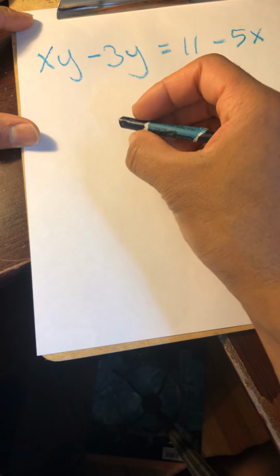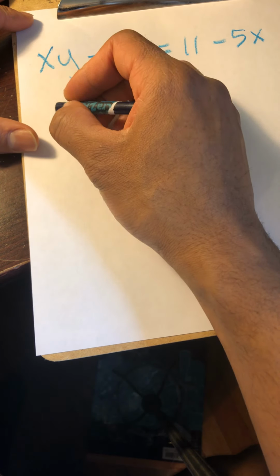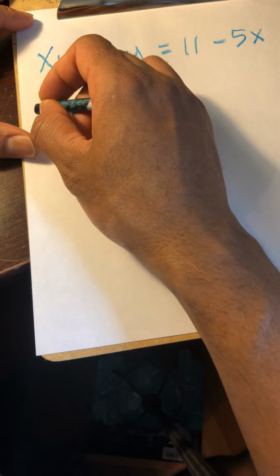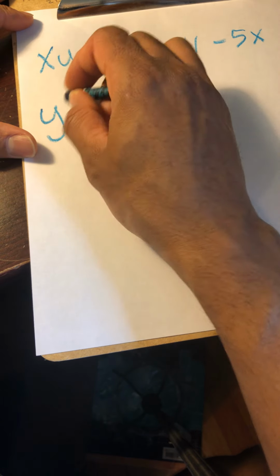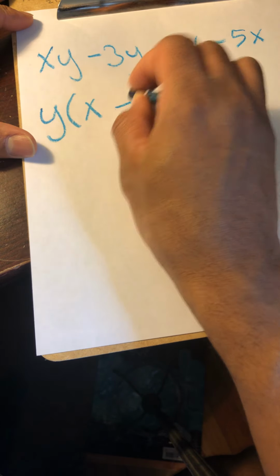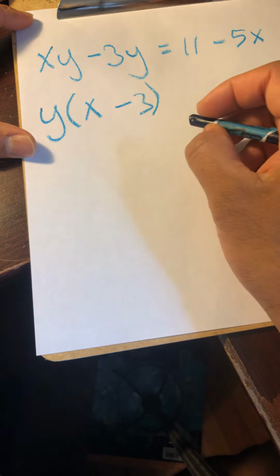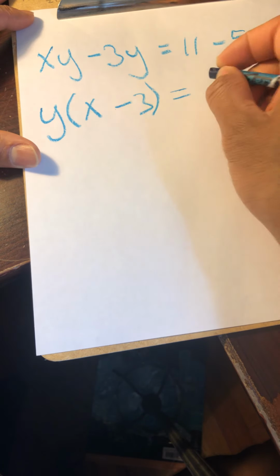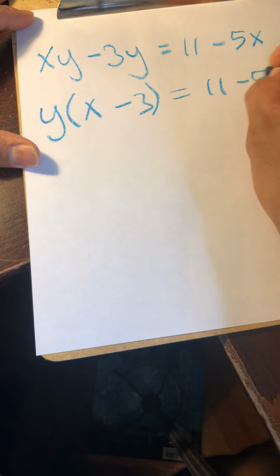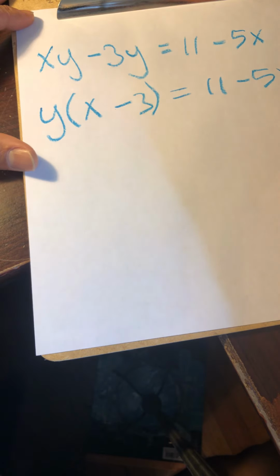All right, and so now I'm going to solve for y by factoring out a y. So I can factor out a y, and what I have is x minus 3 is equal to 11 minus 5x.